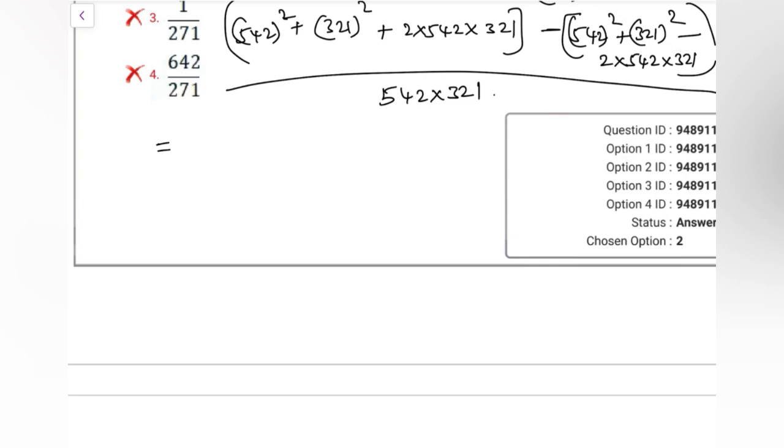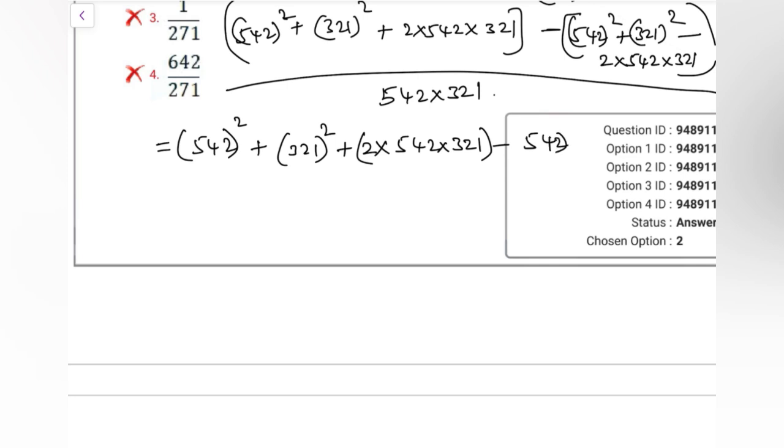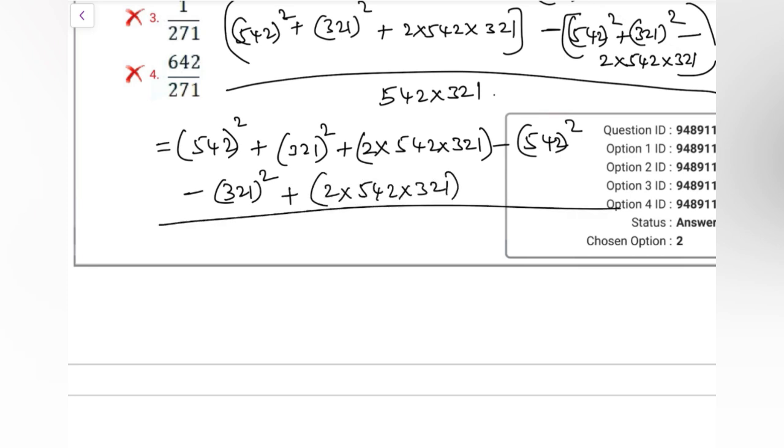which is equal to 542 square plus 321 square plus 2 into 542 into 321 minus 542 square minus 321 square plus 2 into 542 into 321, divided by 542 into 321.